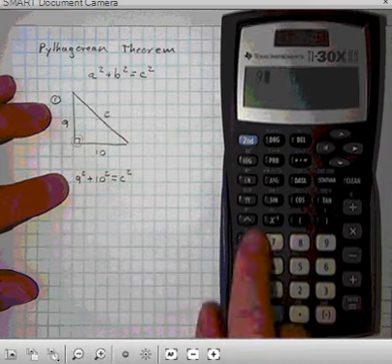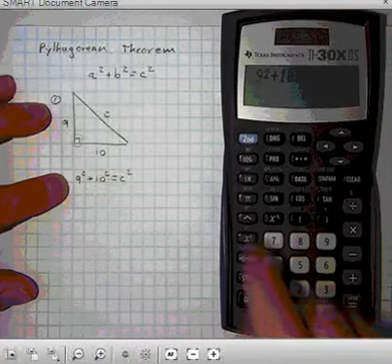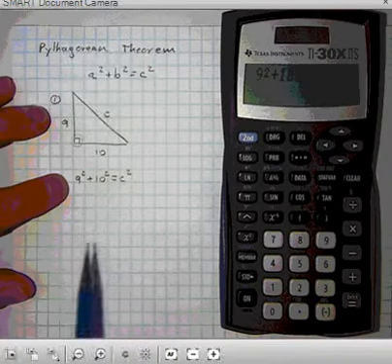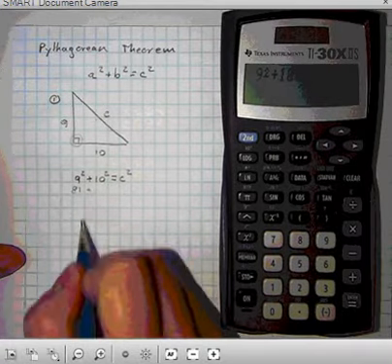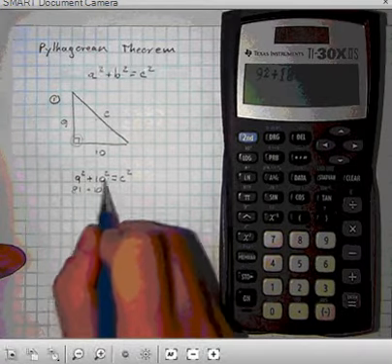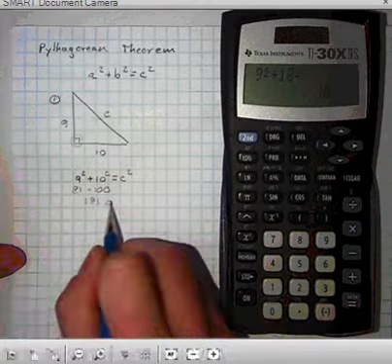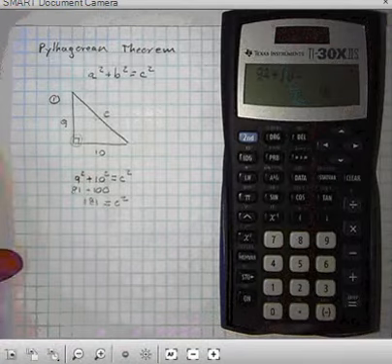Your squared button is right there next to the 7. 9 squared plus 10 squared gives us 181. Honestly, you guys probably don't need a calculator. 9 times 9 is 81. 10 squared is 100. Adding those together is a pretty simple process. So what you'll find there is that 181 equals C squared.